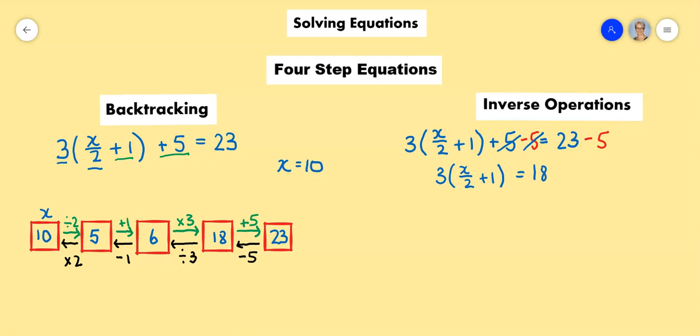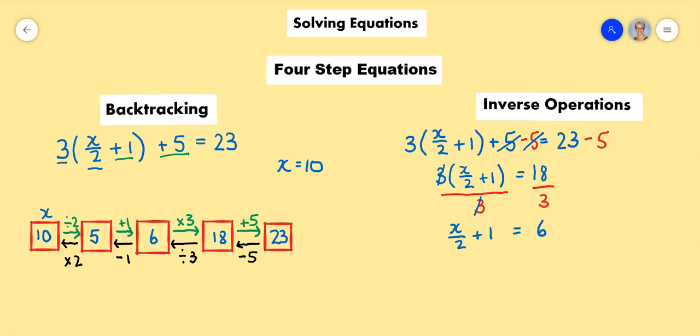Now, the next thing that we had to do from our flowchart was to divide by 3. So we're going to divide both sides of our equation by 3. Times 3 and divided by 3 will cancel out, and I am left with x over 2 plus 1 is equal to 18 divided by 3, which is 6.